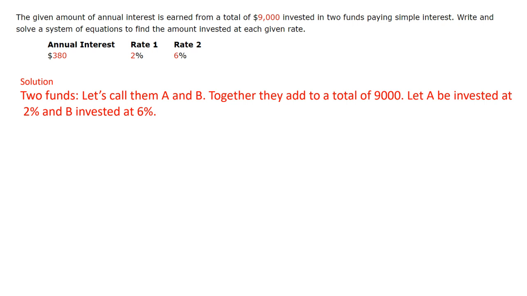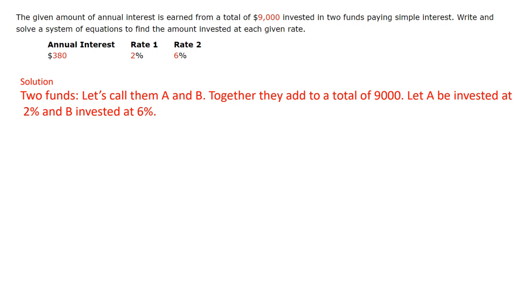Okay, so we want to find a total amount of investment on this given value 9,000, and they're giving us two rates to invest this $9,000. Okay, so they have a rate of 2% and a rate of 6%. Okay, and it gives us a little bit more information that says that our annual interest is $380.